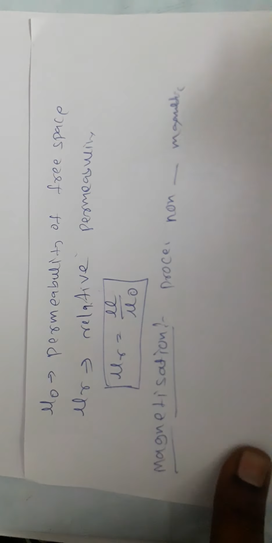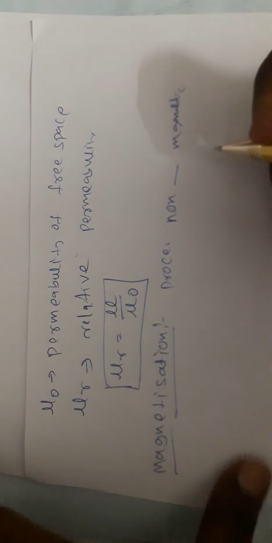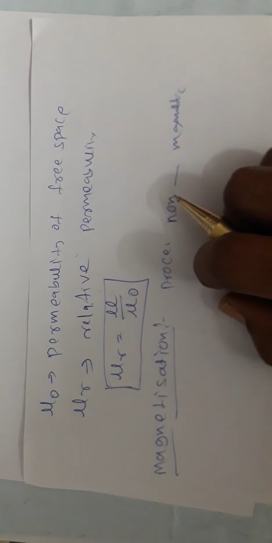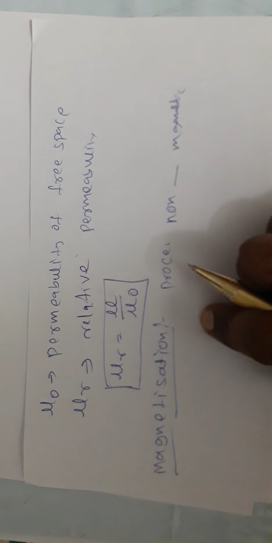That process is nothing but magnetization. Now here, when we apply the magnetic field, the material gets magnetized. When we remove it, it is demagnetized. Some materials are not totally demagnetized, so that we will discuss later.